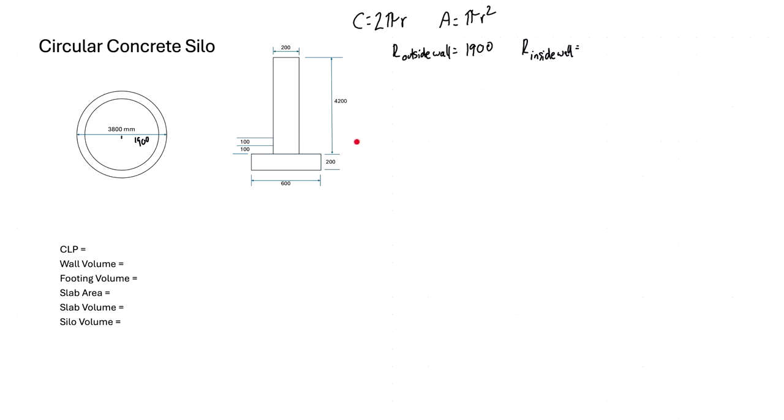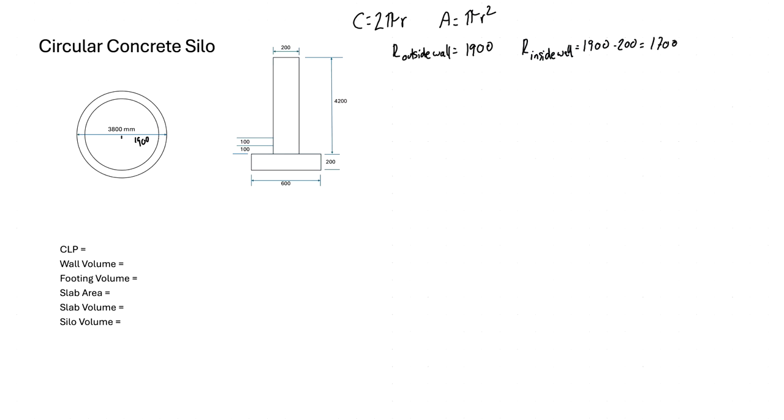So inside wall is our 1,900, right? That goes all the way to the outside. And then we want to subtract our thickness of the wall right here. And that will get us to the inside, right? The outside radius minus the thickness of our wall will get us to the inside here. So minus 200, and that gets us to 1,700.